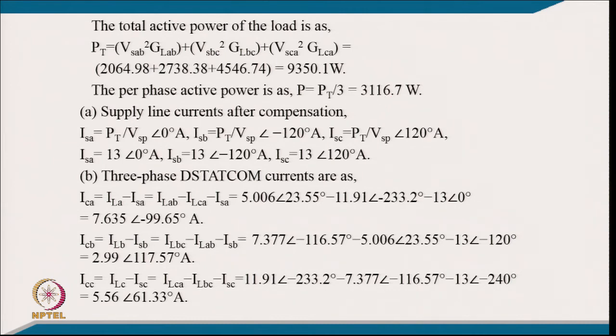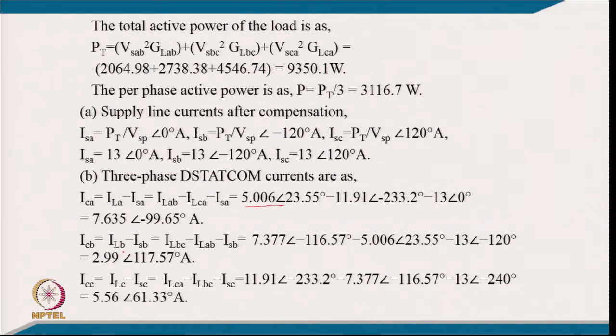3116.7 watt, and the supply current after compensation will be PT by 3 times the per phase voltage, putting all this. So, it comes typically 13 ampere at the angle 0, similarly 13 ampere at minus 120 degree, and for phase C it will be 13 ampere at plus 120 degree. So, now we can find out the 3-phase STATCOM current, that is the load current minus the supply current, for A phase, and it comes 5.06.